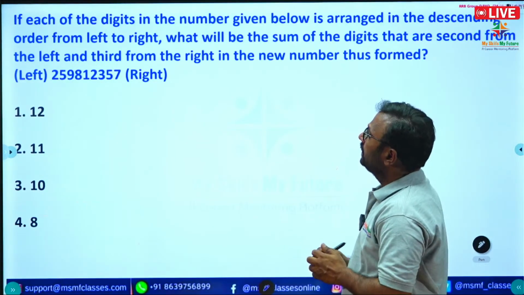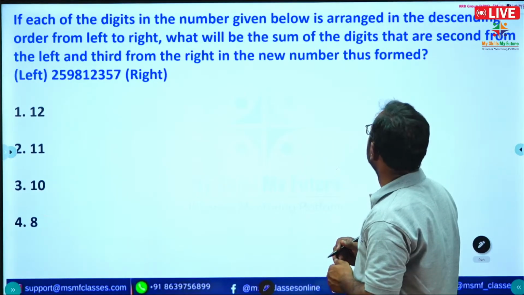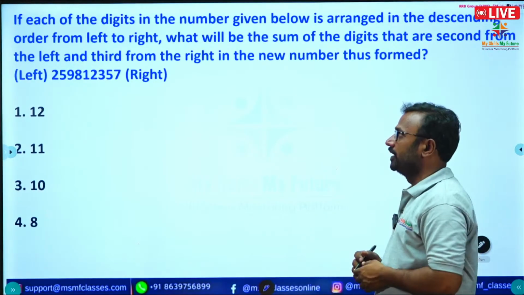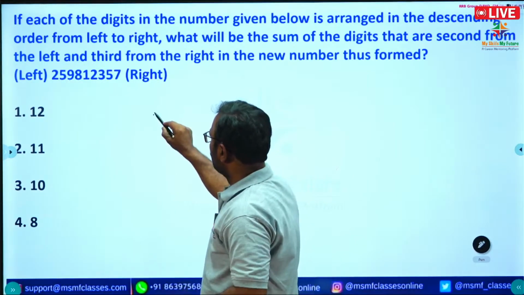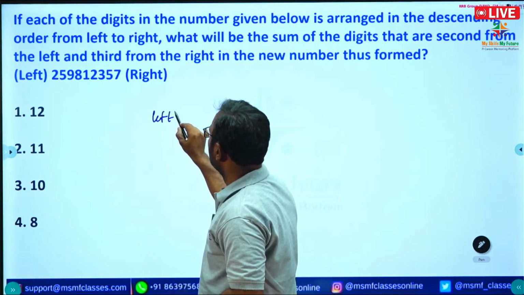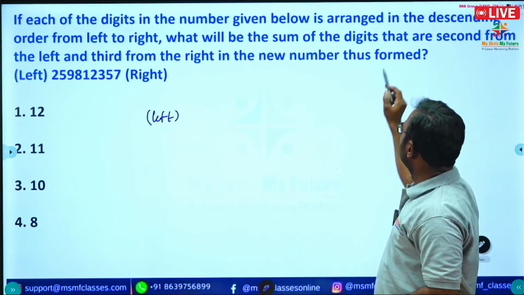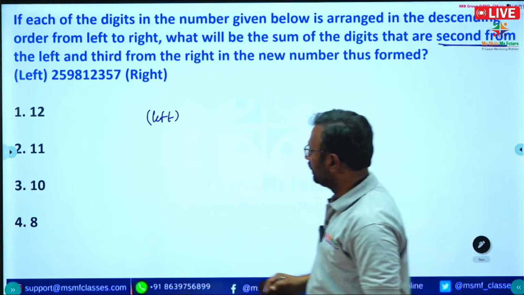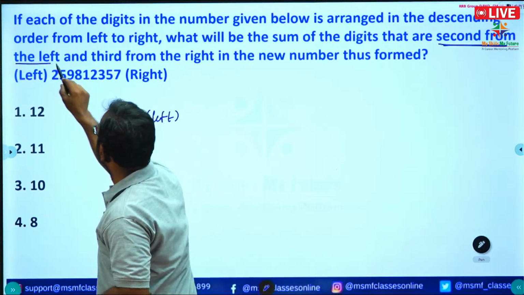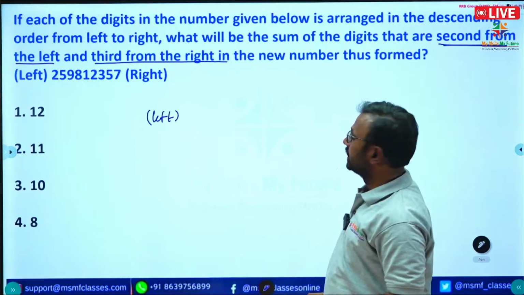If each of the digits in the number given below is arranged in descending order from left to right, what will be the sum of the digits that are second from the left and third from the right in the new number thus formed?